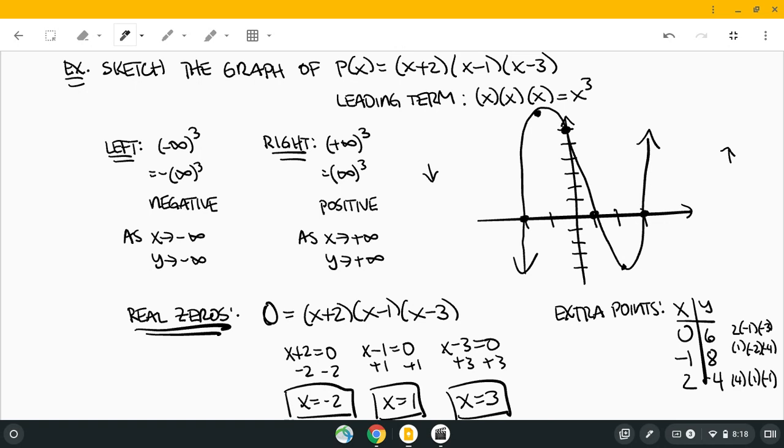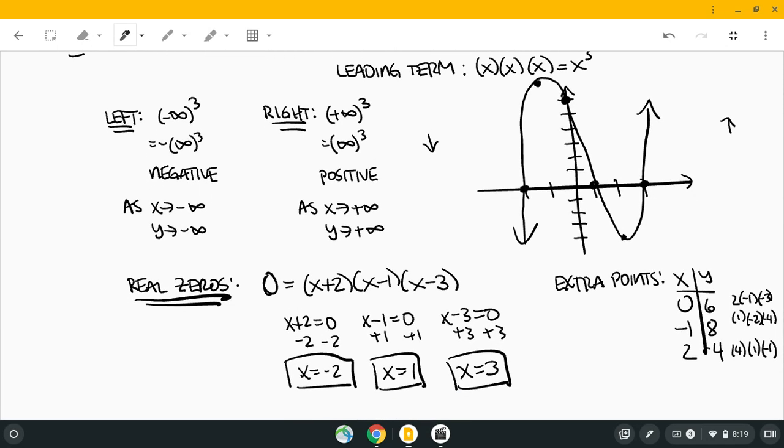So you want to look for these very specific points that I have here when you're doing your homework. And if you're doing some sort of, oh, which of the following graphs go with this polynomial? So again, get your left-hand behavior because that'll help us figure out how to guide our graph.